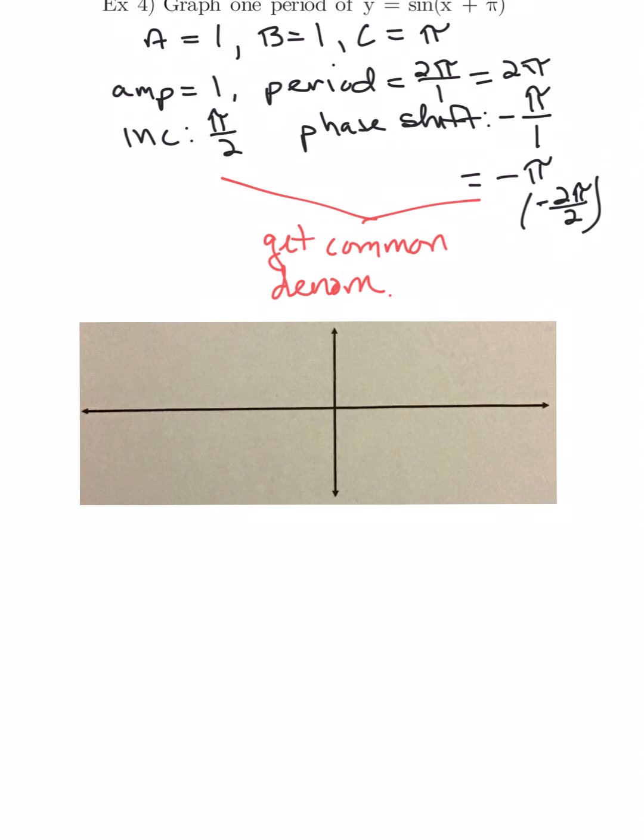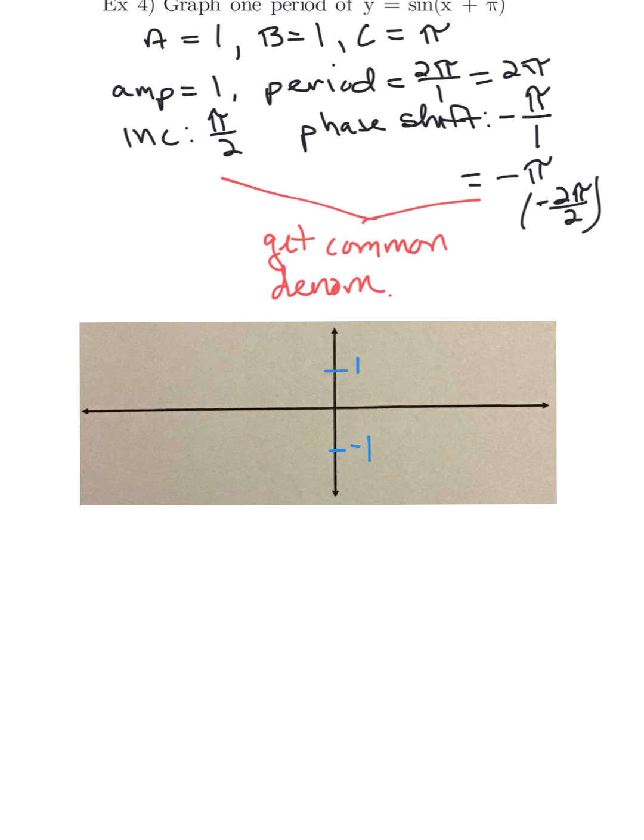Now that we have all the parts found, we can go ahead and start putting everything together and create our graph. We know the amplitude is 1, so our labels on the vertical axis are going to be 1 and negative 1. Don't worry about period until after you've actually completed your graph.